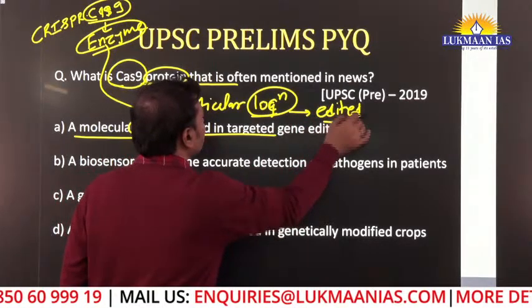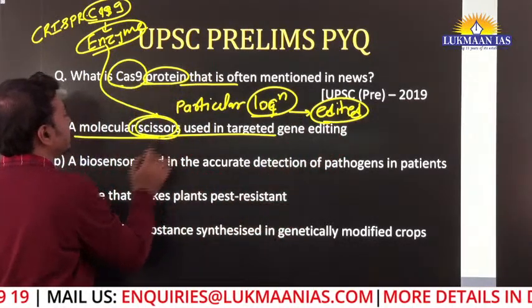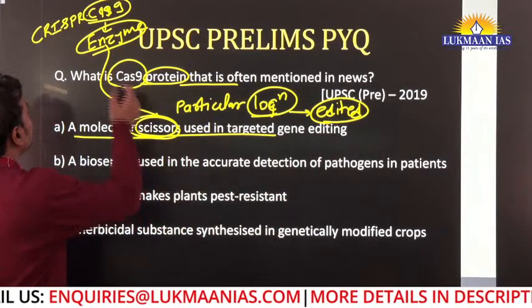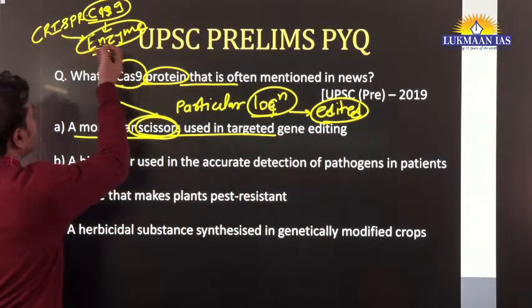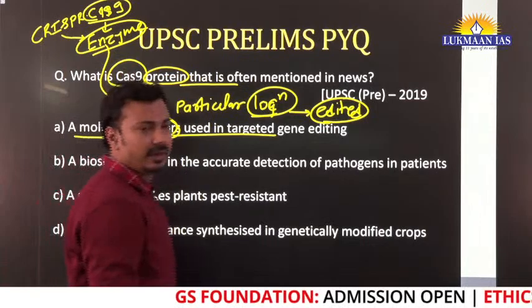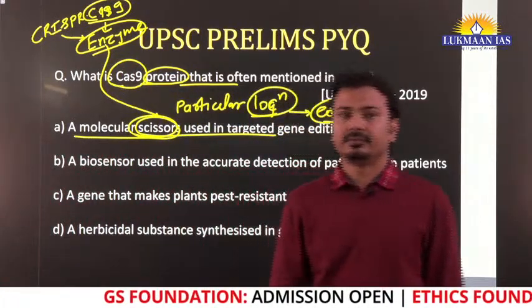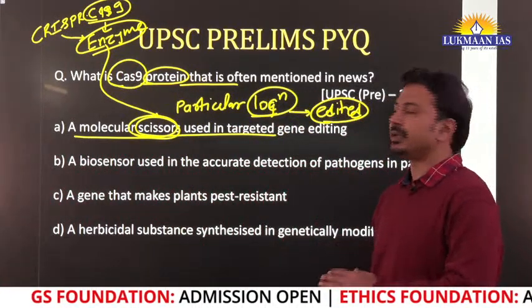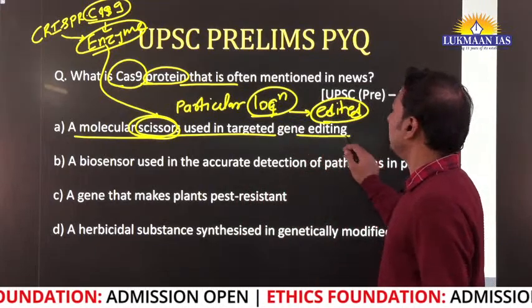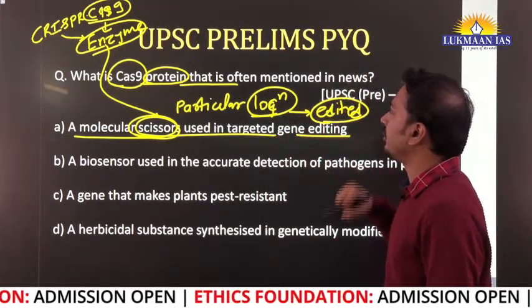So it edits it, acting as a molecular scissor. You should know that there is release of an enzyme, and it directly cuts that gene. It is related to gene editing technology. Remember this. It is part of overall biotechnology.